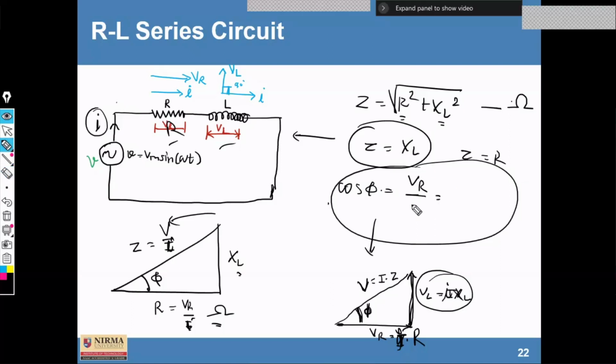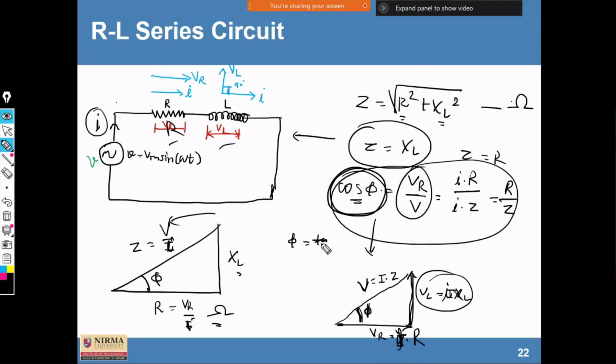Okay. So cos phi is what? VR upon V. Or the value of VR is I into R, and upon I into Z. Or we can write R by Z also. So if you want to find out the angle between these two, fine, we can have the different equations, that is VR upon V, and we can find the angle phi is cos inverse VR by V. And similarly, we can find the equation of phi with respect to R and Z here also.